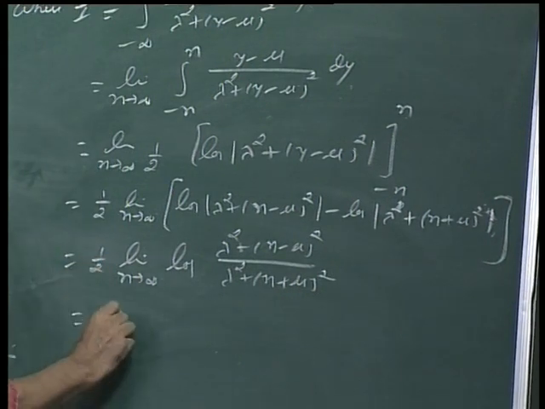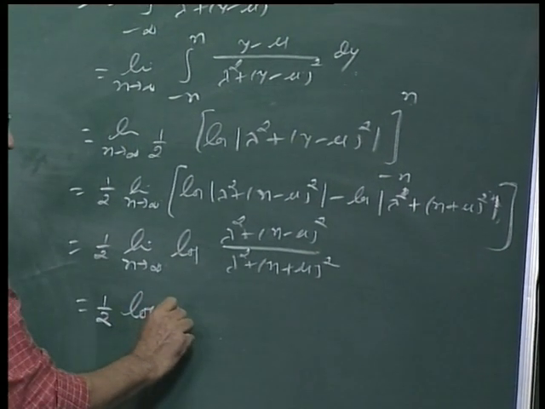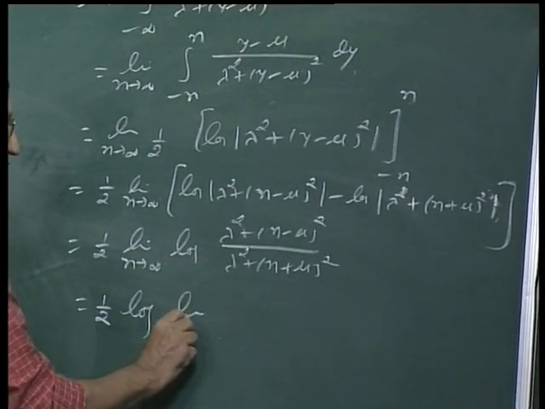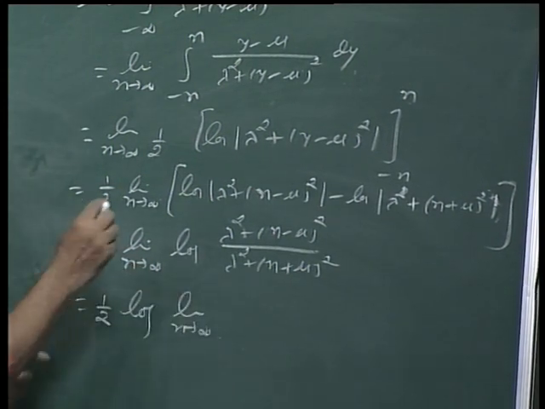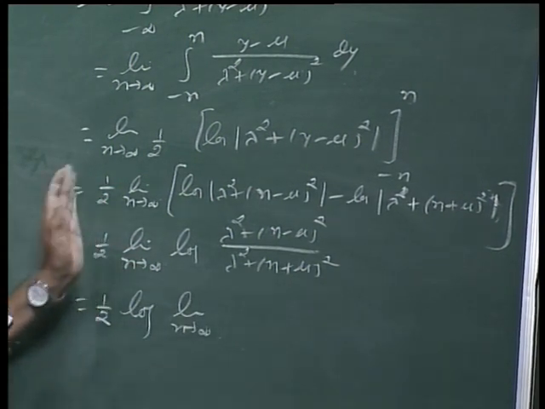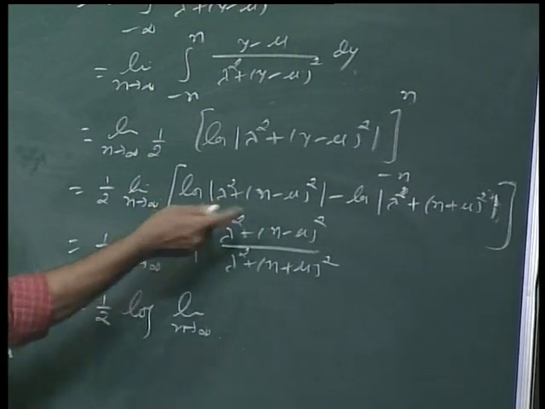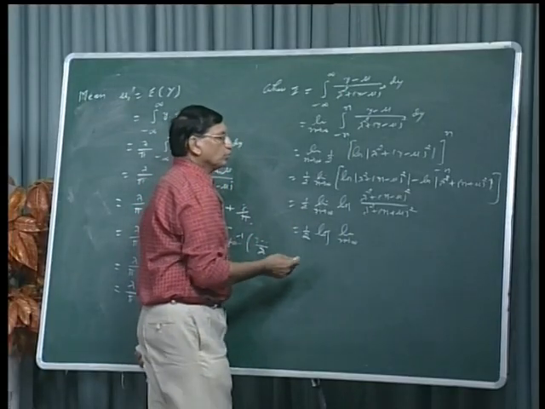now log and limit can be interchanged, so log of the limit of this, and to find this limit we may take the maximum power of n common. There is one technique to find the limit as n tends to infinity. There are two methods. The first method is just to take the maximum power of n common from the numerator and denominator, or you may take y is equal to 1 upon n.